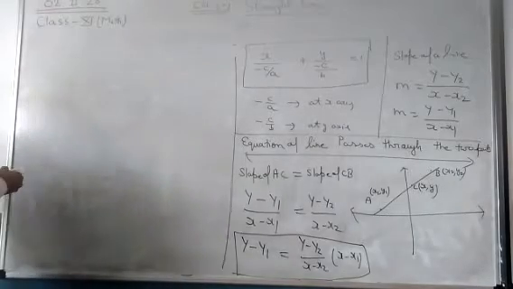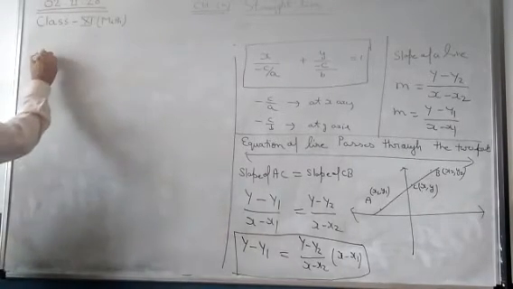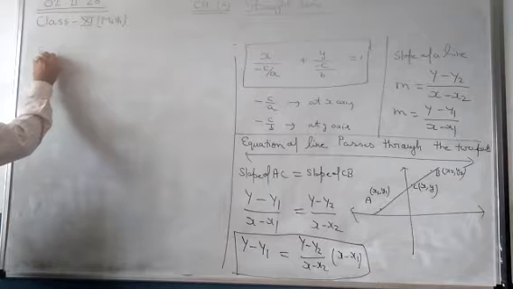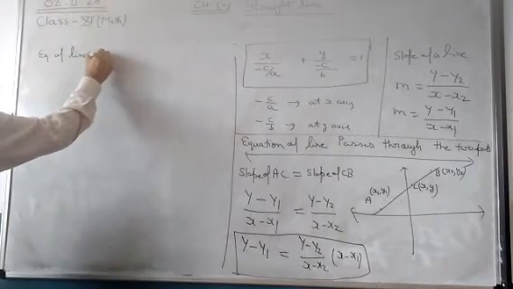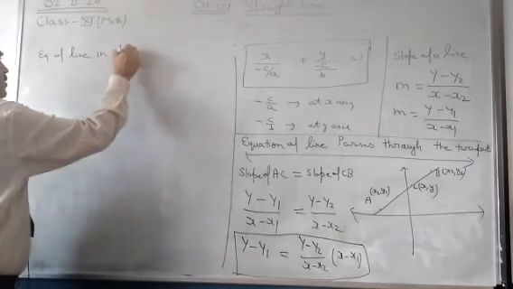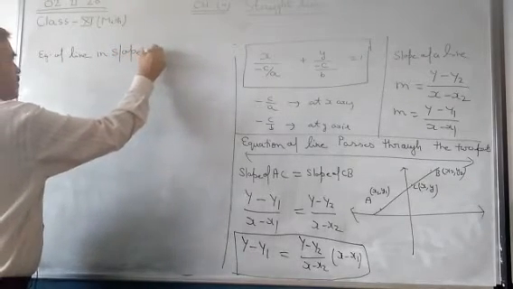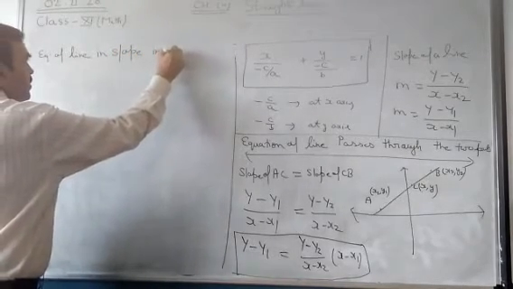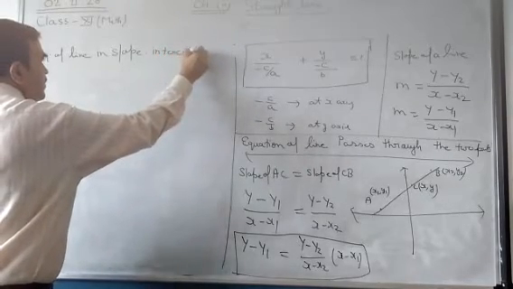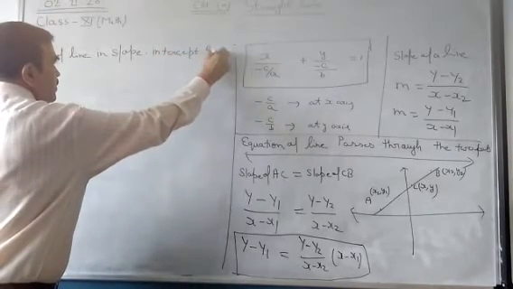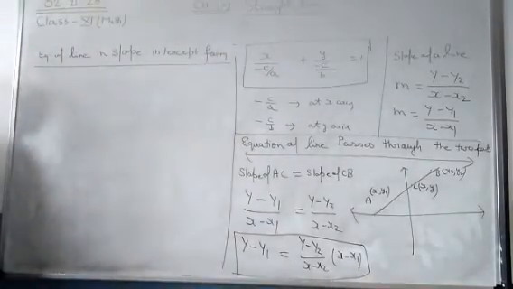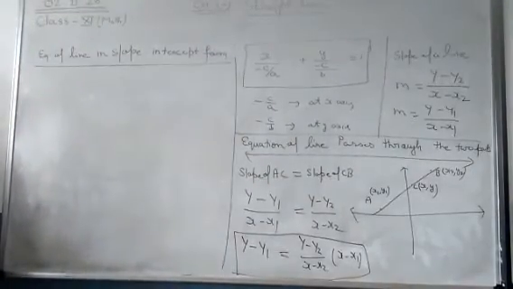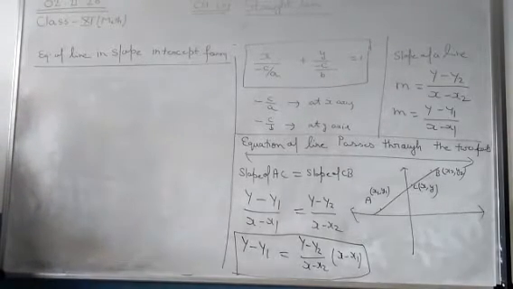Equation of line in slope intercept form.